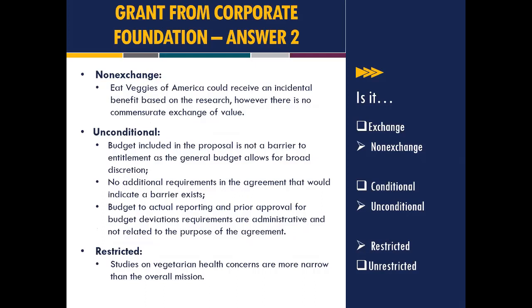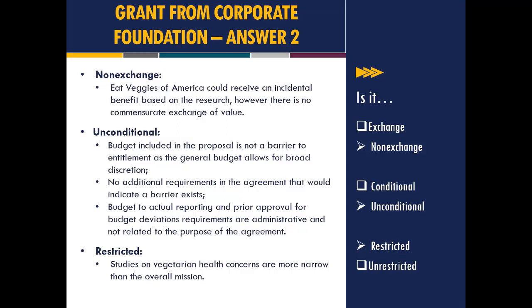There's no commensurate or equal exchange of value between the resource provider and the recipient. This is an unconditional contribution. We had that right of return that was included as part of the agreement, but no barrier to overcome.